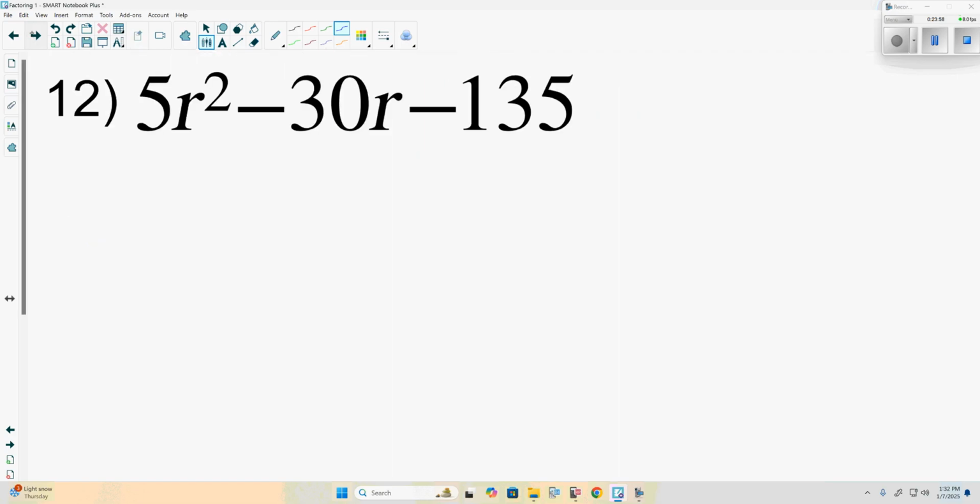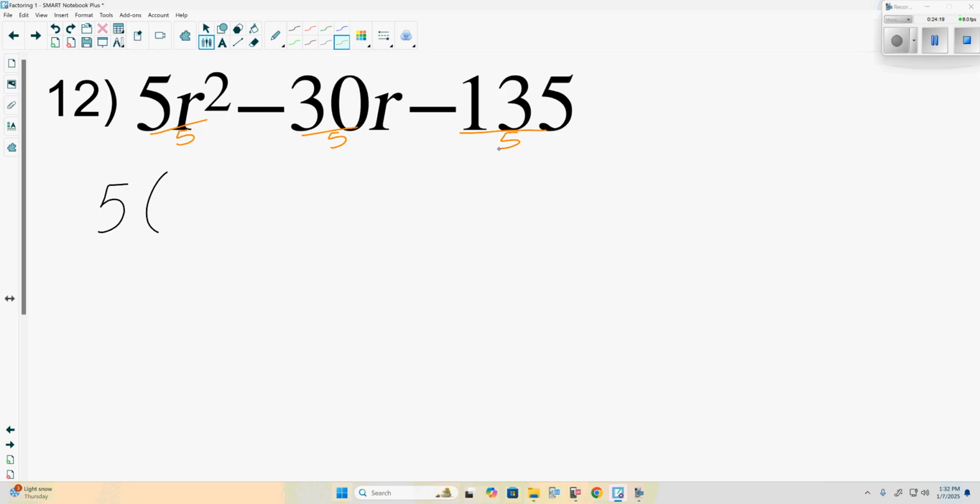5r squared minus 30r minus 135. Is there a greatest common factor between these three? Yeah. 5. So the first thing we're going to want to do is factor that 5 out. And again, what we're doing is just dividing each of these terms by 5.